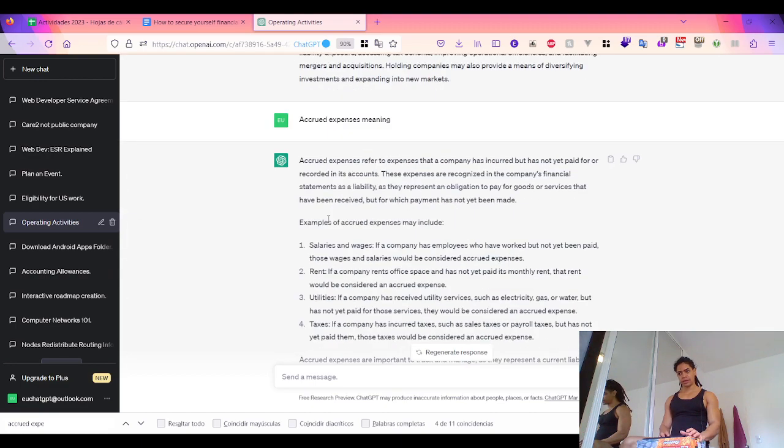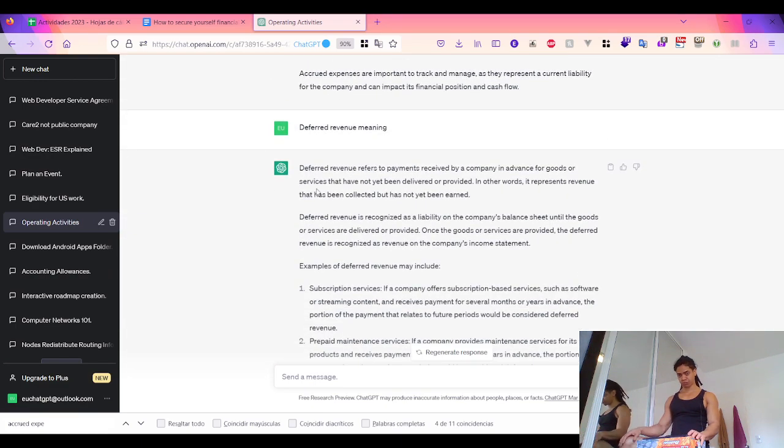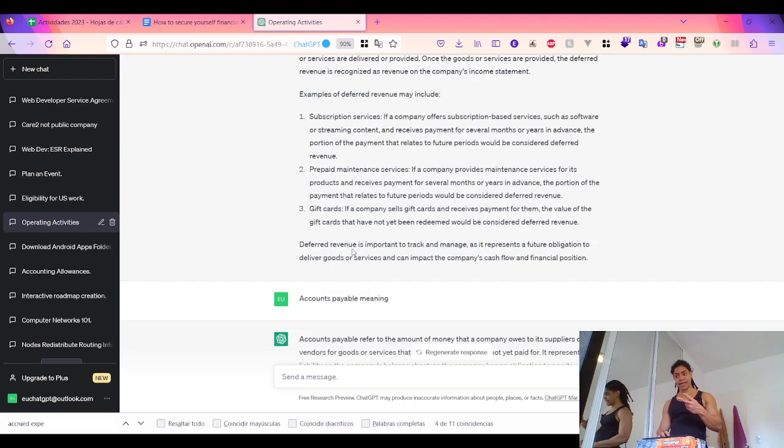And when I talk about the deferred revenue, which are payments that you have collected in advance for goods or services that have not yet been delivered or provided. Okay, for example, you have subscription services like Netflix, Spotify, prepaid maintenance service, like for maintaining service.